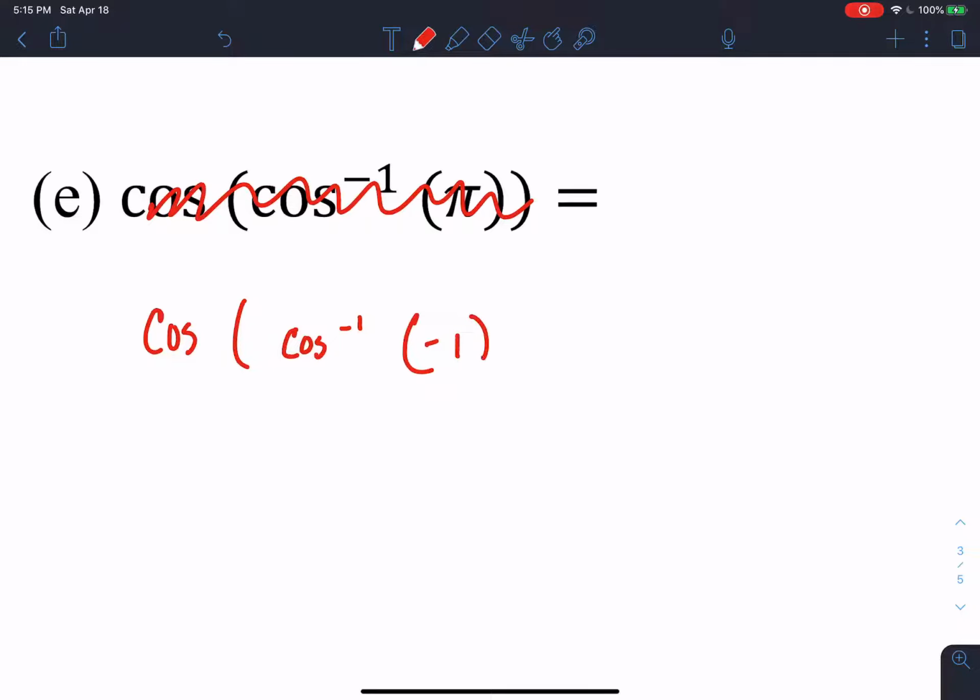We'll make that negative 1. So where does cosine have a ratio of negative 1? You're looking at the top half of the unit circle. Where does the x value come out to be negative 1? That would be pi, and cosine of pi is negative 1.